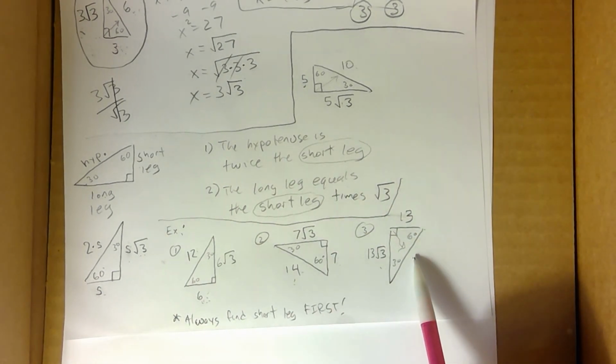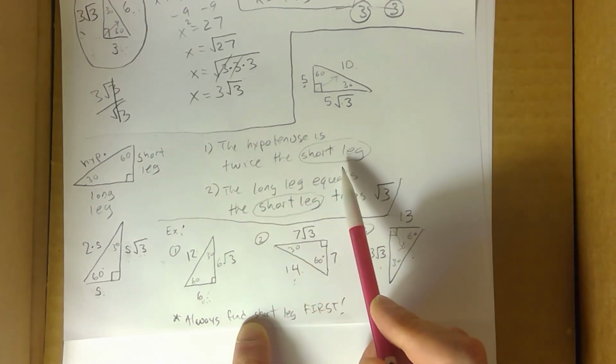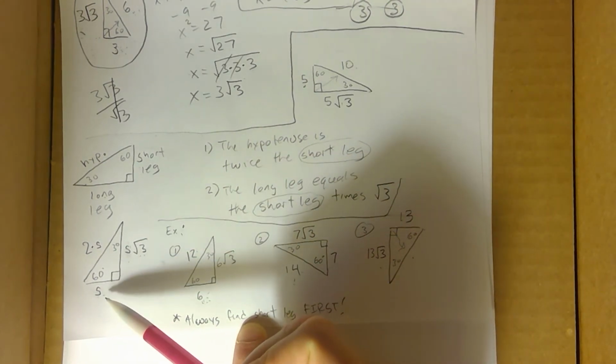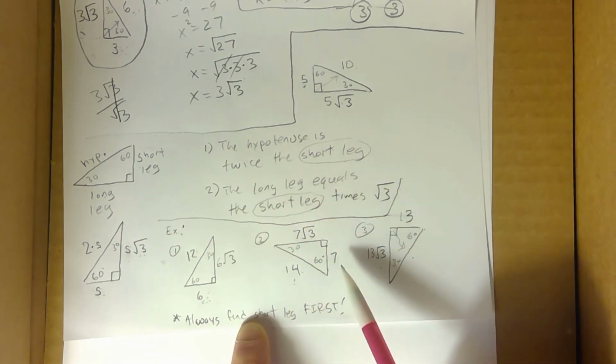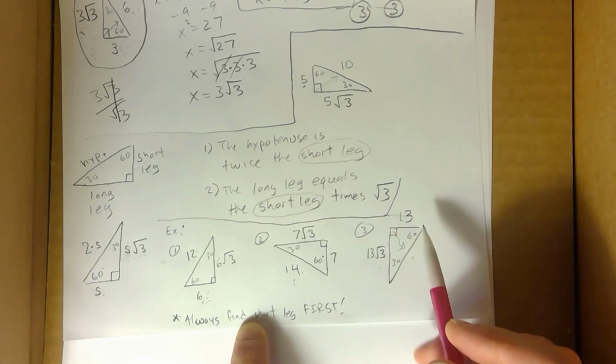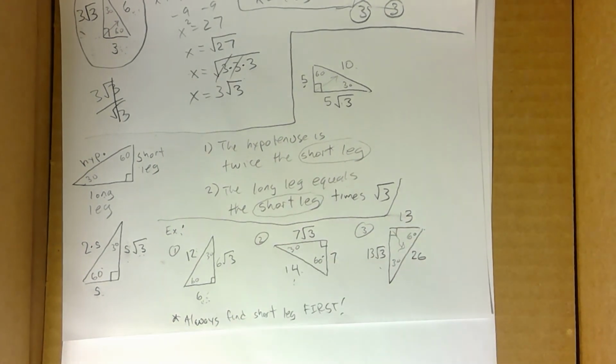Now I can find the hypotenuse because I know the short leg, and the hypotenuse is twice the short leg. So 6 times 2 is 12. 7 times 2 is 14. 13 times 2 is 26. And you are done. We will do non-traditional 30, 60, 90 triangles soon.